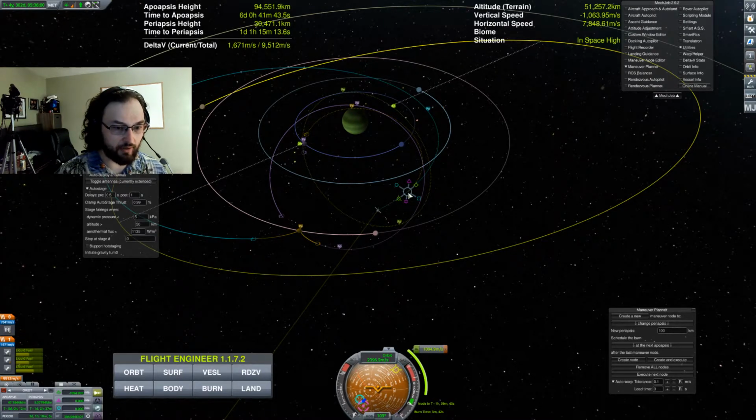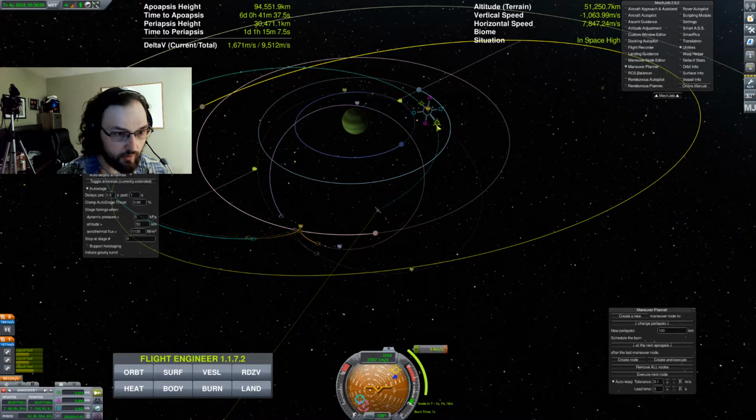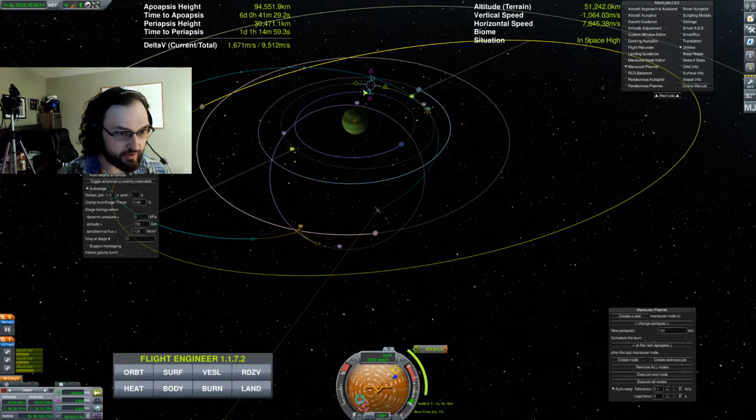And then that's compared to other options like, what if we do 2 burns? What if we burn at our periapsis here in order to circularize our orbit? And then once we burn there, what if we add a second maneuver? This user interface is inconvenient for second maneuvers. There we go, to slow down.